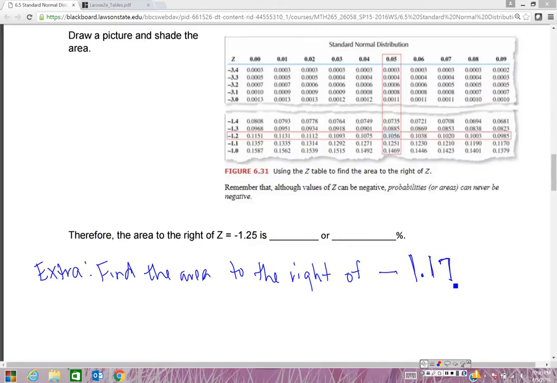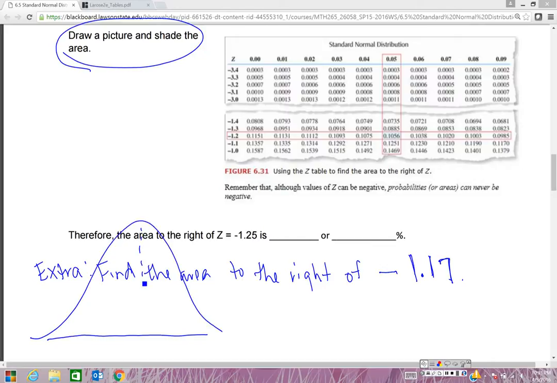So the first thing I want you to do, I always do, is draw a picture and shade the area. In this chapter, I want you to draw a picture for mostly everything and shade. So if I draw a picture here, I know that 0 is here, 1 is here, negative 1 is here, negative 2 is here.